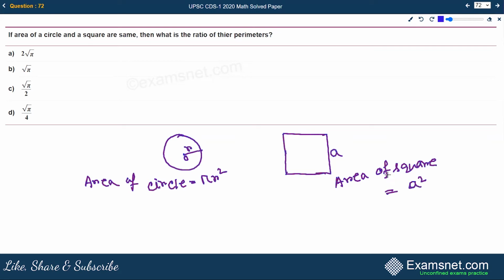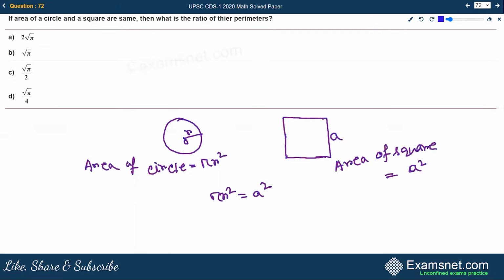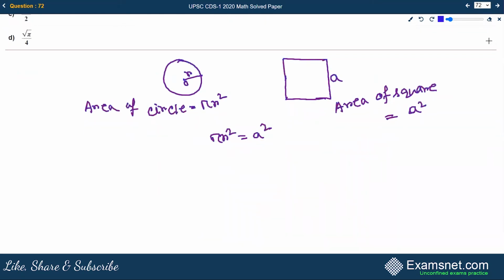Now these two are equal, so we can write pi r square equals a square. Now what is the ratio of their perimeters? From this we can write r squared by a square equals 1 by pi, or r by a equals 1 by root pi.